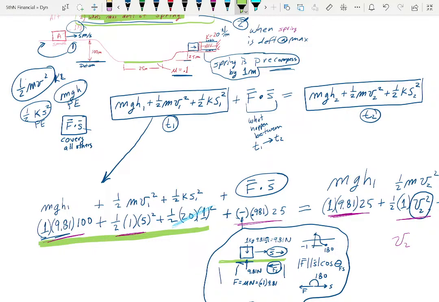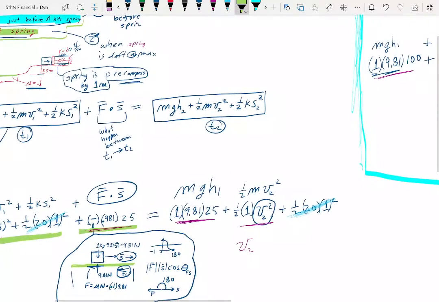And the other thing is, it still passed through this part to compress this spring. So believe it or not, this one stays the same. Now, okay, I have a thing I should have corrected here. This should have said 2.